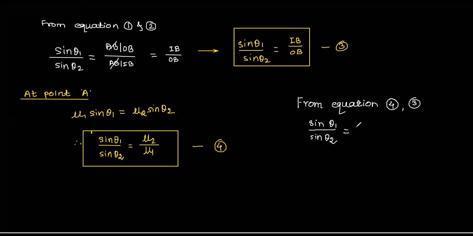Sine theta 1 by sine theta 2 is equal to mu2 by mu1 is equal to IB by OB, and that is equal to apparent depth by real depth.